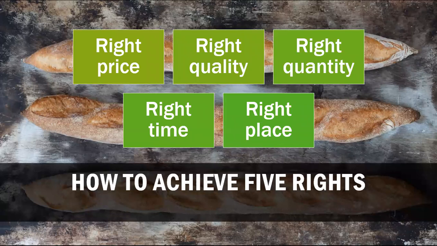In 1.4, they tell you how to achieve the 5 rights by using your procurement skills. If you want to achieve the right price, what should we focus on? We should focus on how to write the correct specification to avoid overpricing, and we focus on negotiation and tendering to get the best price.